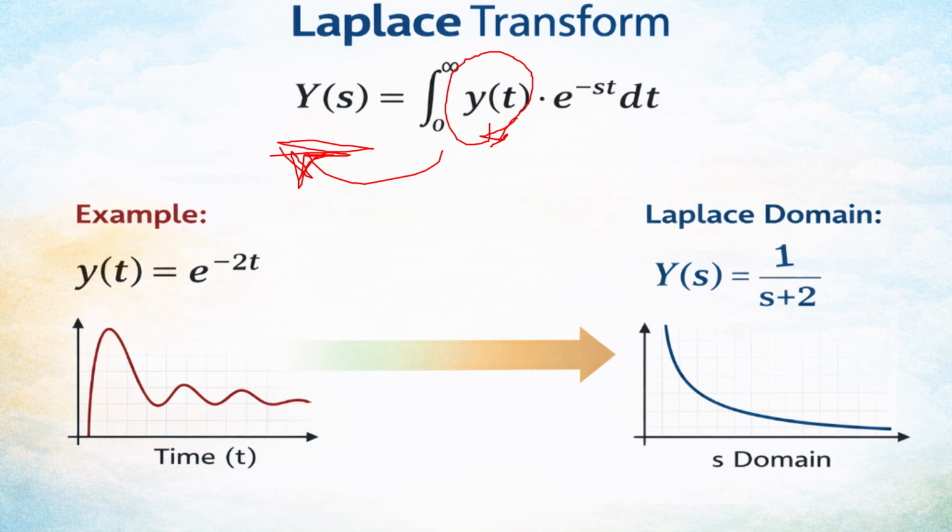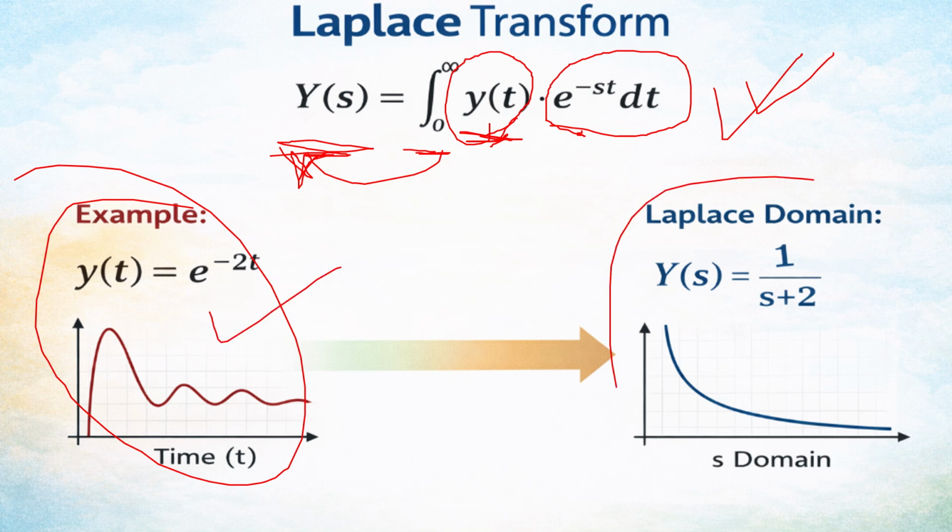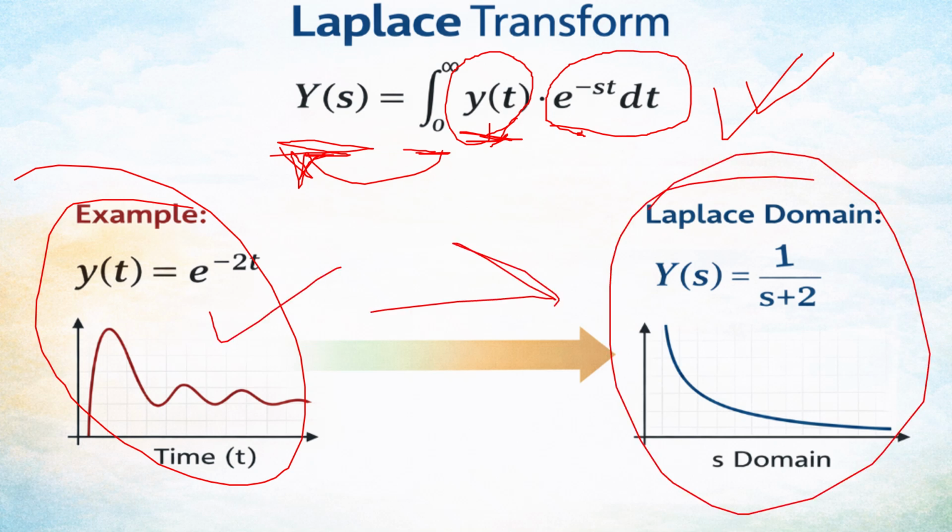The question is how you convert the time domain to the frequency domain. Two things: first, multiply by e to the power minus st, and second, integrate it from 0 to infinity. So this is the Laplace transform, very simple. Here, for example, the same function is in the time domain and the same function is in the frequency domain.